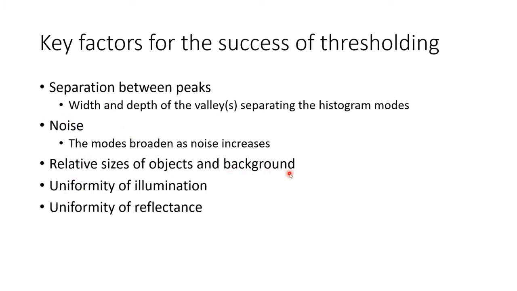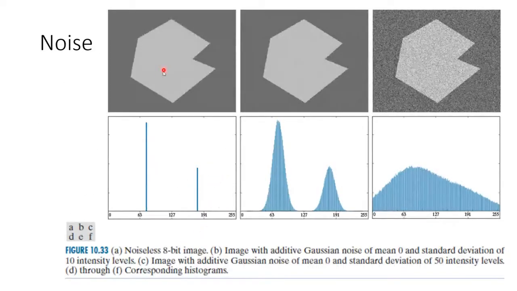The relative sizes of objects and background matter too; if you have a very large object as foreground and very little background, it's going to be difficult to segment. Illumination is a key factor, and uniformity of reflectance. Illumination and reflectance are also always interconnected, right? But let's see the issue of noise in threshold segmentation.